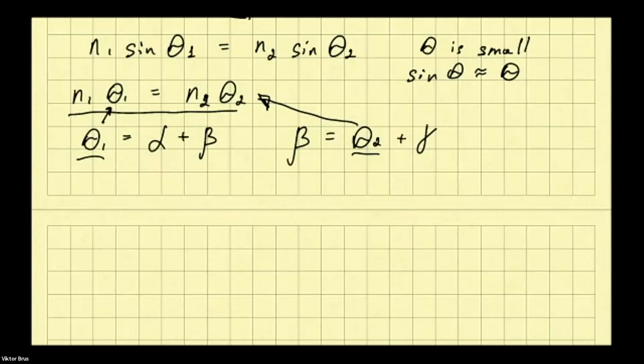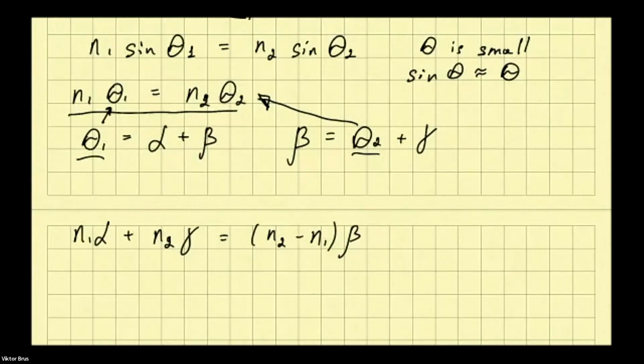So that will result in the following equation: n1 times alpha plus n2 times gamma equals n2 minus n1 times beta.